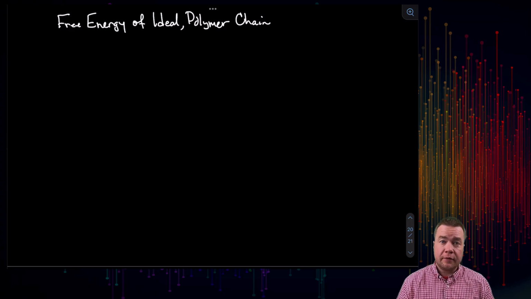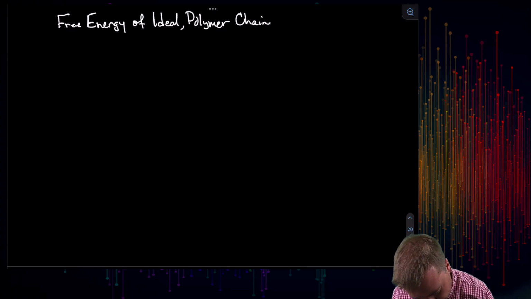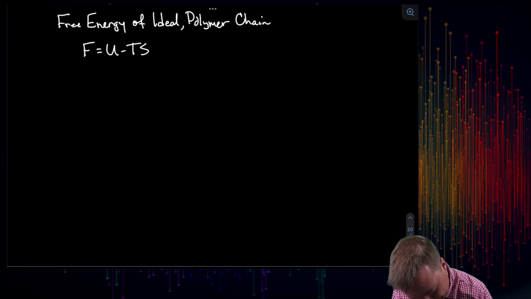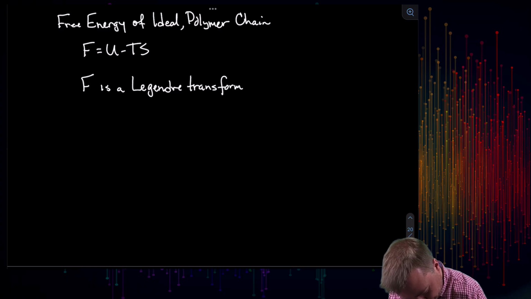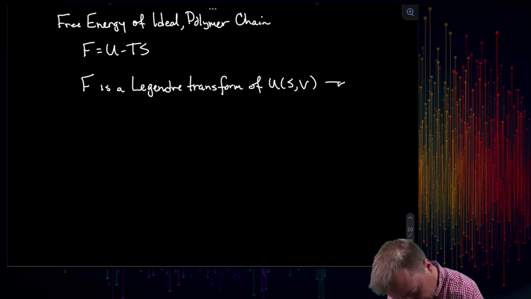So last thing, again, free energy of an ideal polymer chain. Let's start with the Helmholtz free energy, which is U minus Ts. And remember, why is it U minus Ts? Because F is a Legendre transform of U, which is a function of entropy and volume, to F, which is a function of temperature and volume.